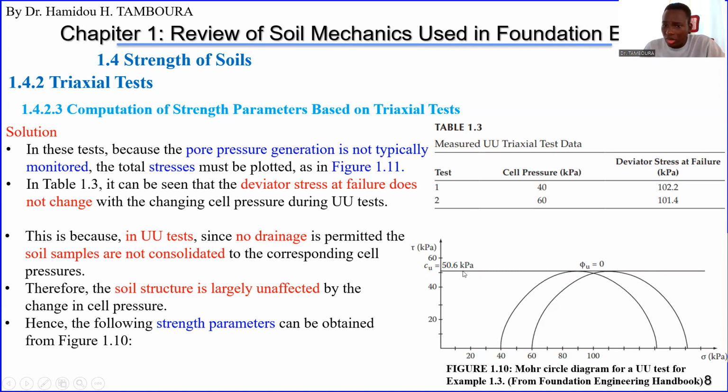As I told you previously, the friction angle is just the angle that this tangent makes with the horizontal axis. As you can see here, this one is 0 because this tangent is parallel to the horizontal axis.